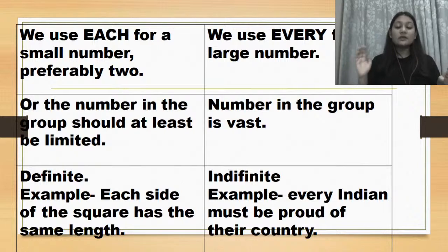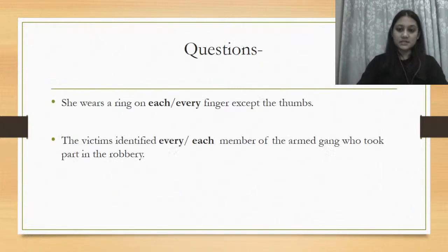When we're giving a very general statement, that every Indian must be proud of their country, right? But with definite, it's like each side of the square. You can't change it. If you want to make a square, you have to make all the sides equal, right? So we use each with definite and every with indefinite.